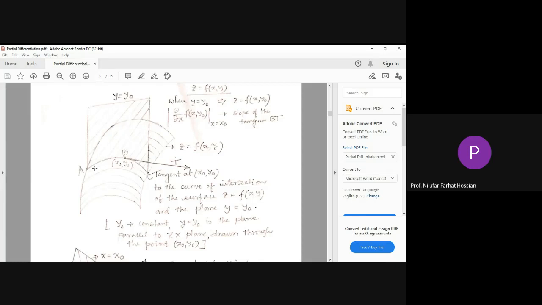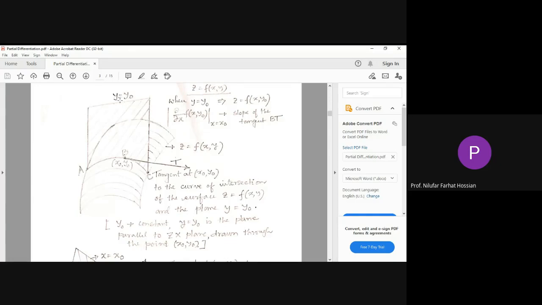If on this curve there is a fixed point, say x0, y0, and you draw a tangent at this point to this curve, which is the curve of intersection of the surface and this plane, the slope of this tangent will be equal to the partial differentiation, that means differentiation of this function with respect to x, because here y equal to y naught is a constant.